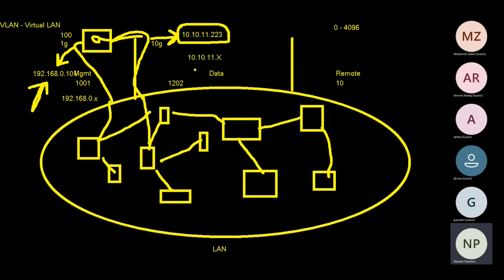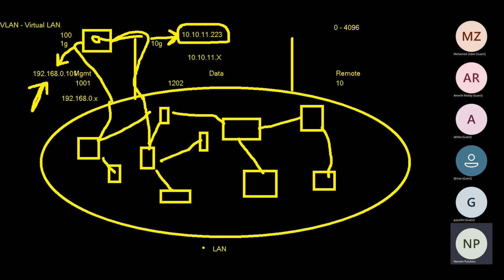For example, my data traffic needs more resources and good performance. Management traffic doesn't require good performance or resources, because with the management IP we just connect to the server and manage it. But with the data network, we'll access everything.